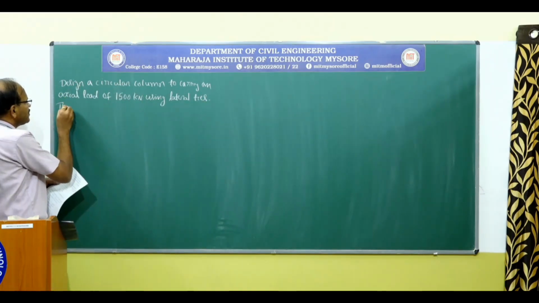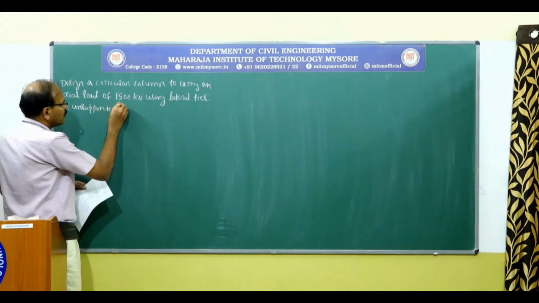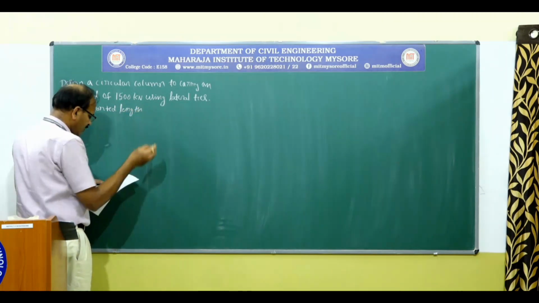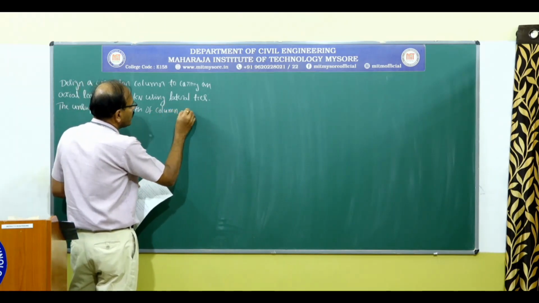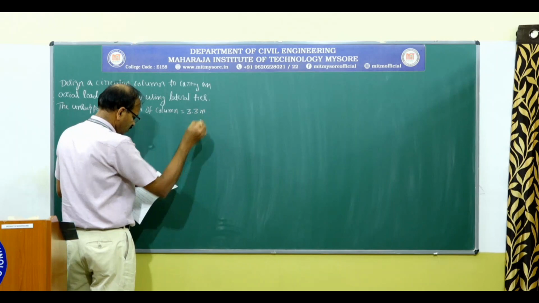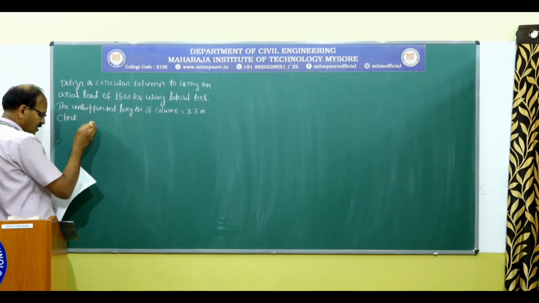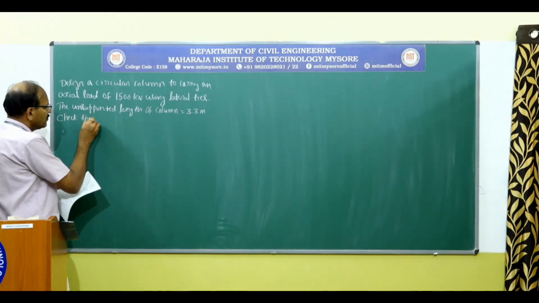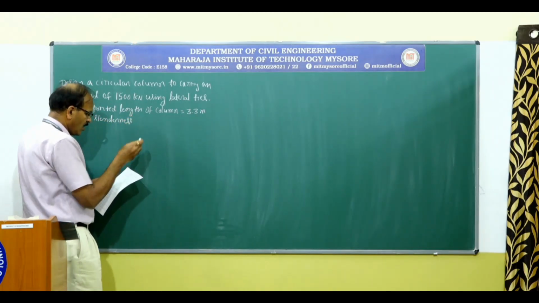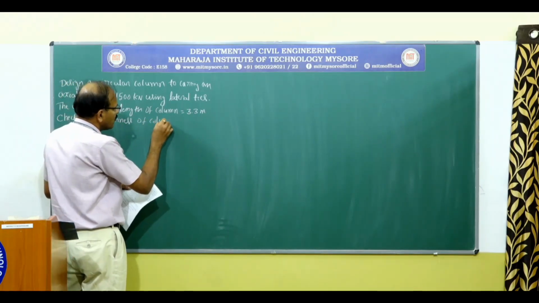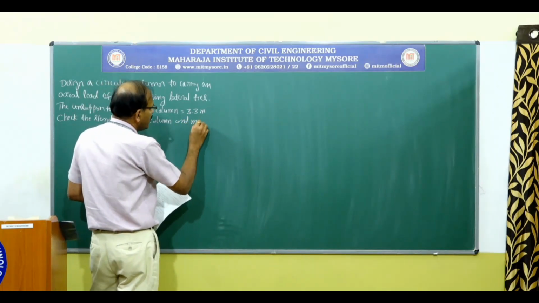The unsupported length of column equal to 3.3 meter. Check the slenderness of column and minimum eccentricity.